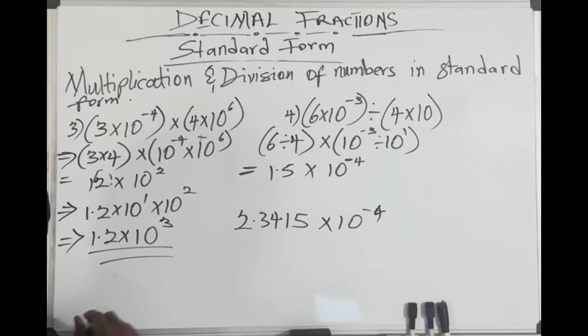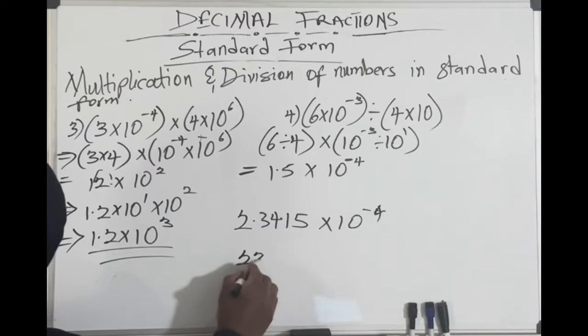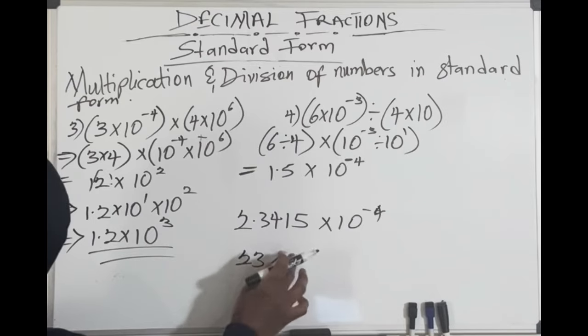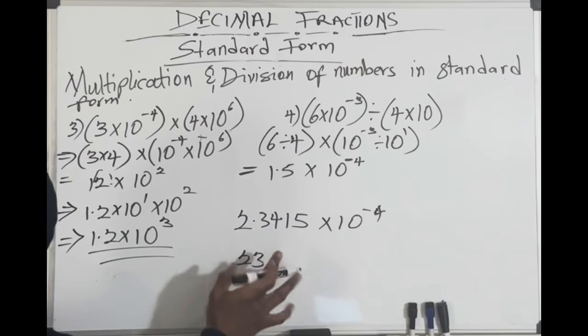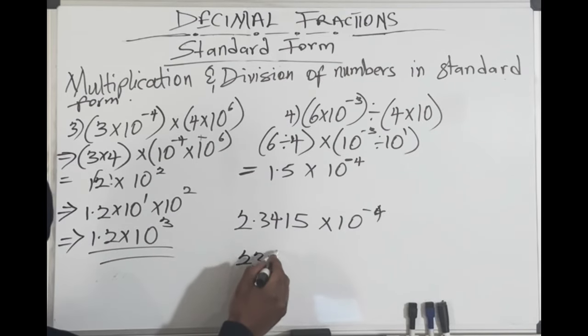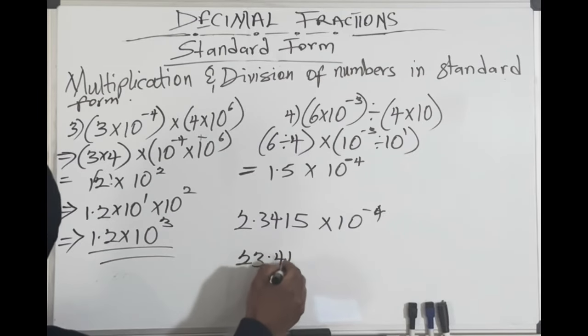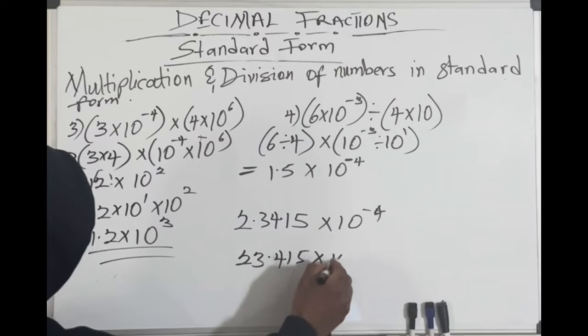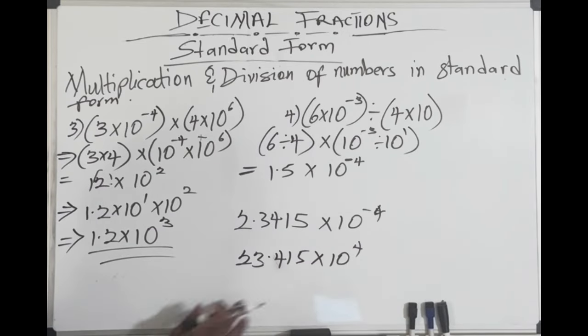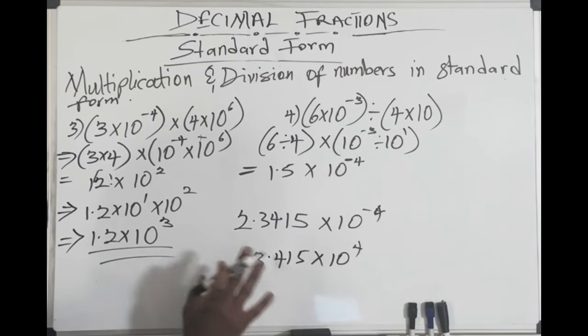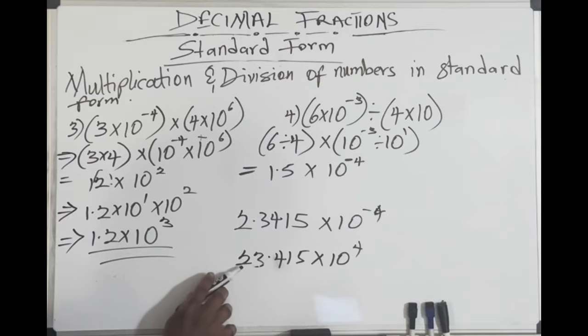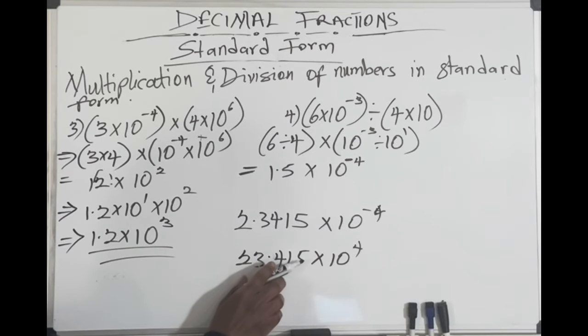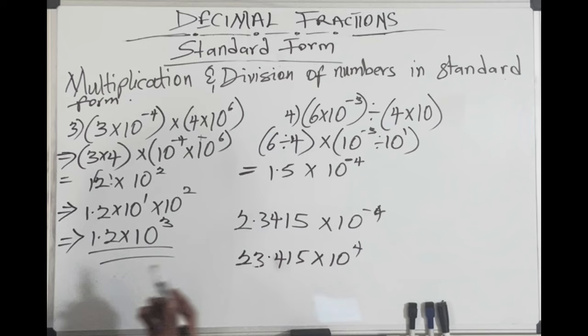So if we have something like 23.415 times 10 to the power 4, that is not a standard form. Always know that the standard form has the first natural number, then a point, and the natural numbers continue, then times 10 to whatever power it is raised to.